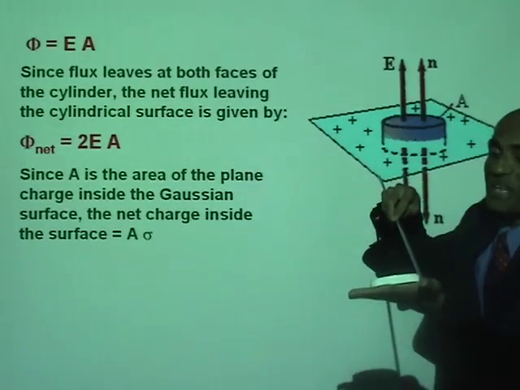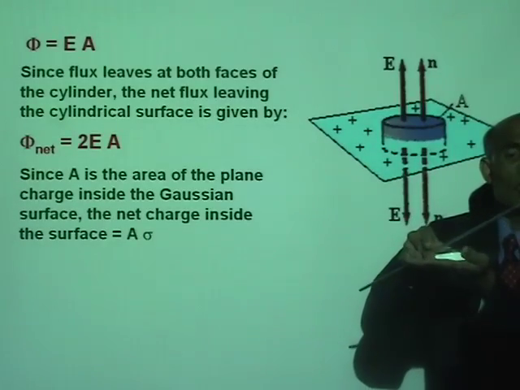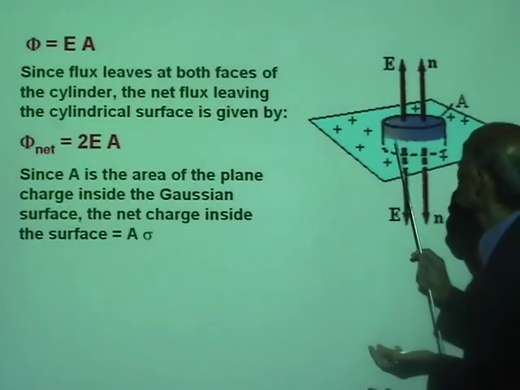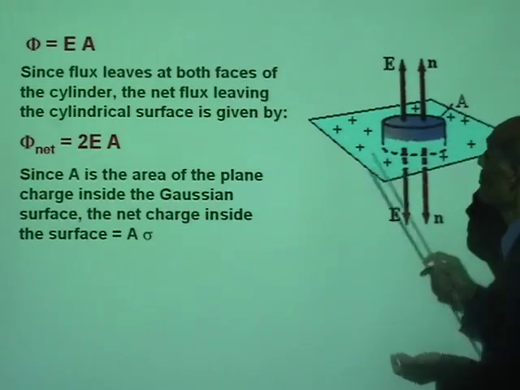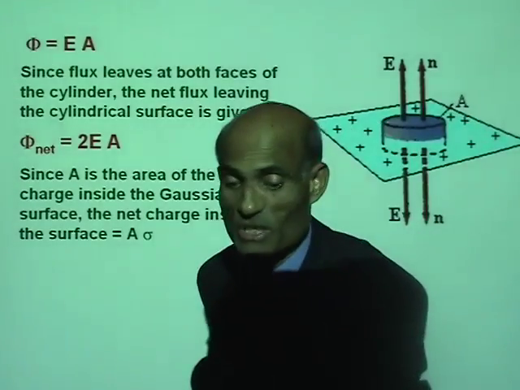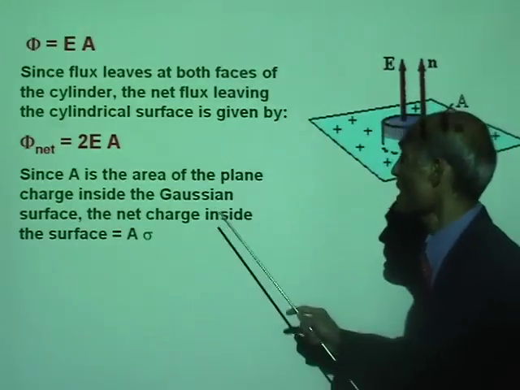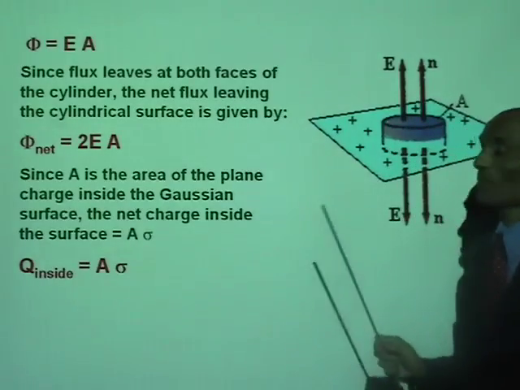Therefore, what is the amount of charge contained inside the pillbox? The amount of charge contained inside the pillbox is this area A multiplied by sigma, which is the surface charge density. So, the amount of charge that is inside the pillbox is A sigma.